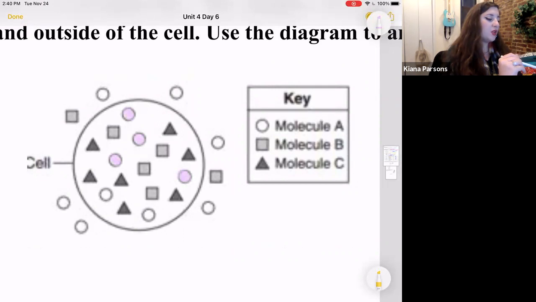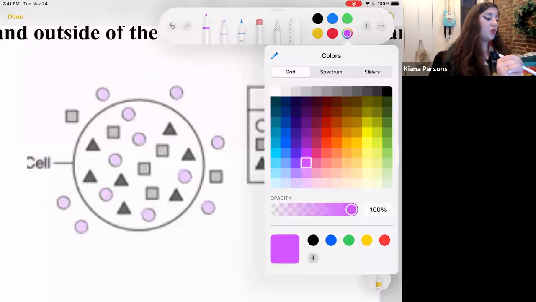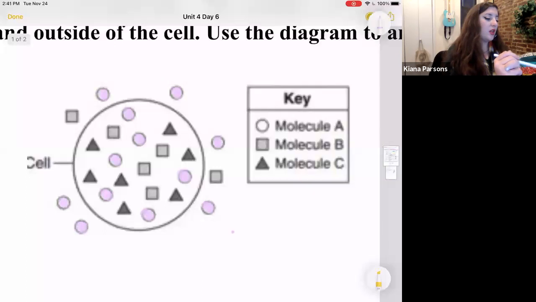We've got 1, 2, 3, 4, 5, 6 little circles inside the cell, and 1, 2, 3, 4, 5, 6 little circles outside the cell. We've got equilibrium for molecule A.